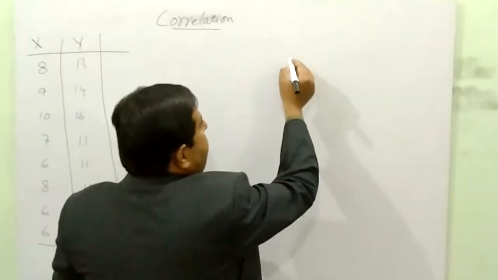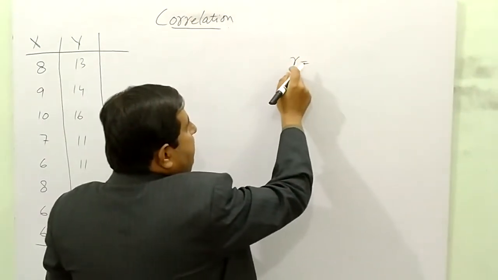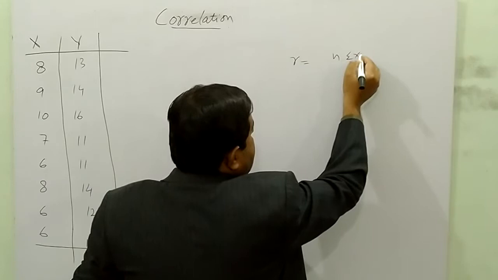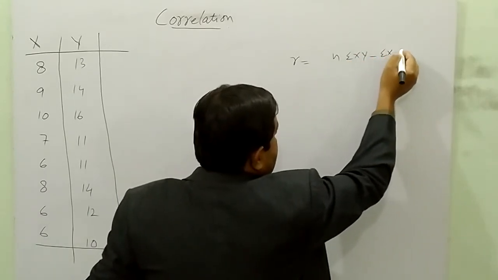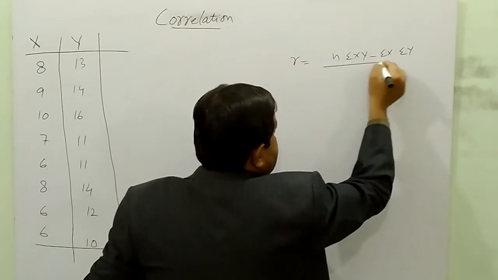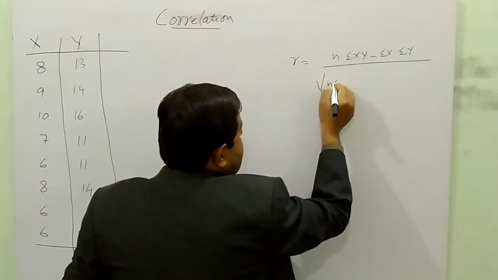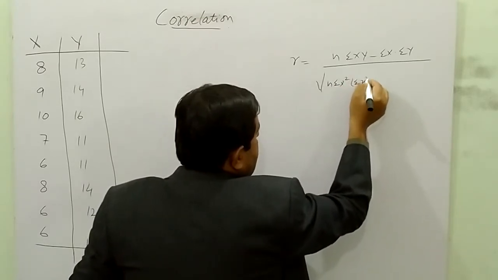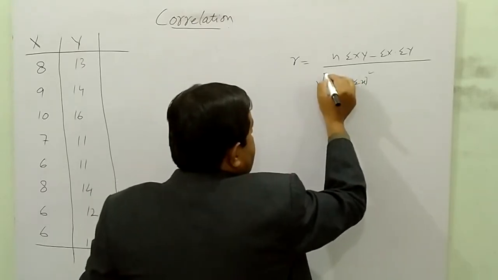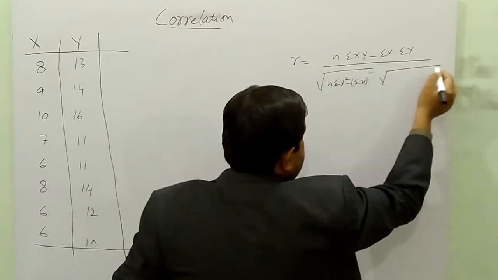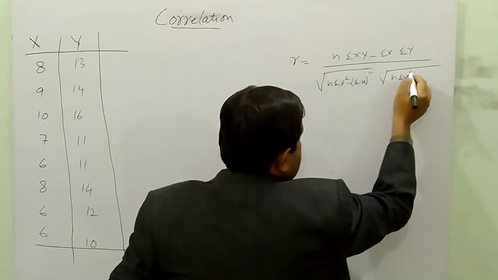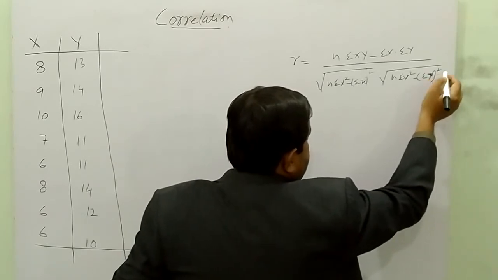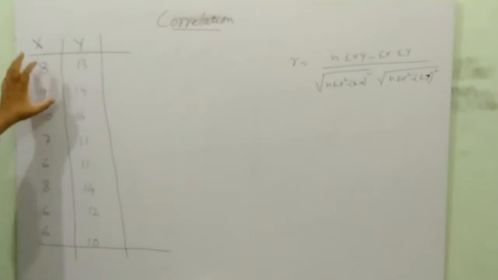The formula for the correlation is identified by r: n summation of xy minus summation of x multiplied by summation of y, divided by the square root of n summation of x square minus summation of x whole square, then the second square root of n summation of y square minus summation of y whole square. So here only x and y are given.